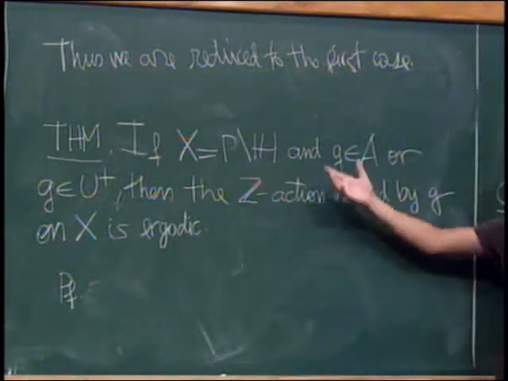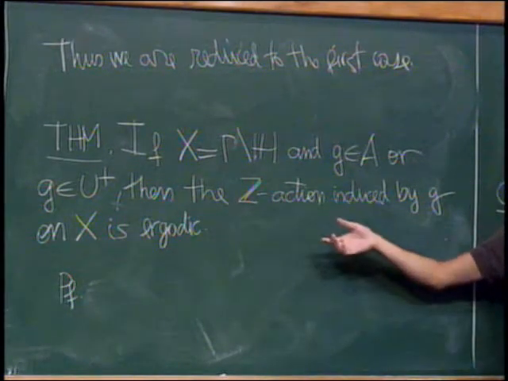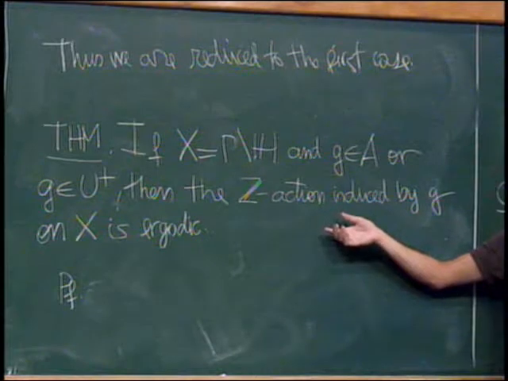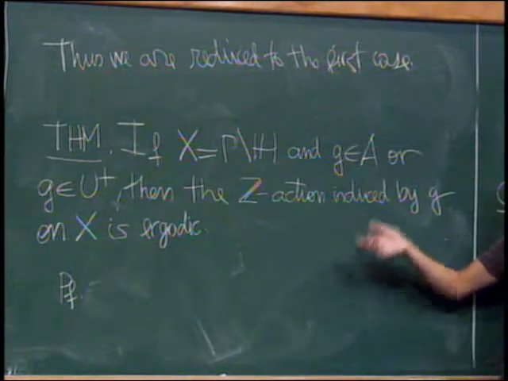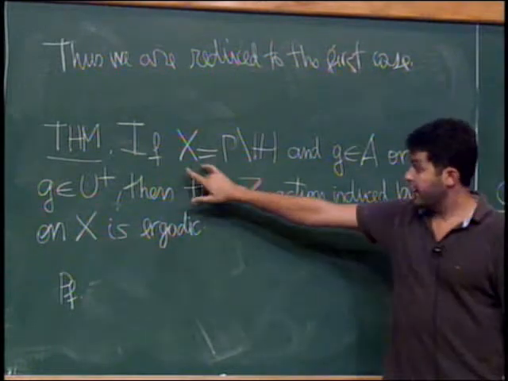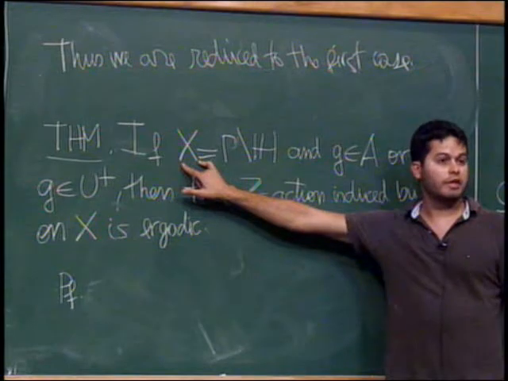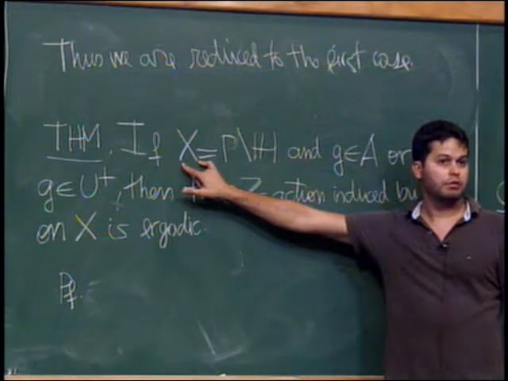Because you could just look at the Koopman-von Neumann representation. And you know that because SL2R acts transitively here, the Koopman-von Neumann representation has no invariant vectors other than 0 itself.